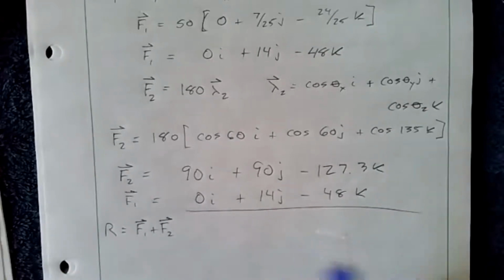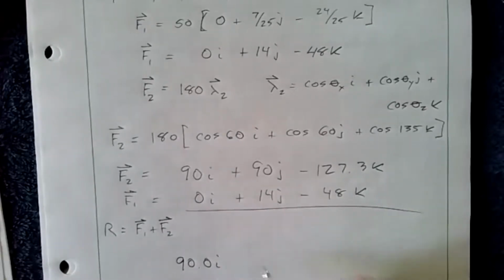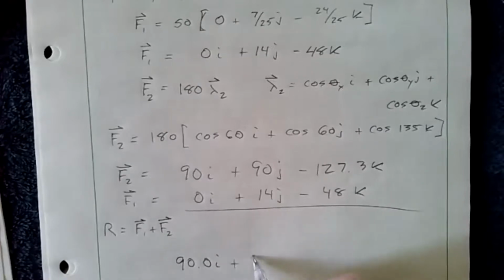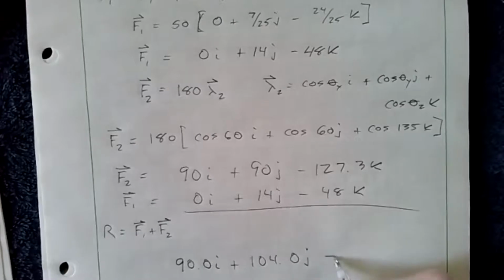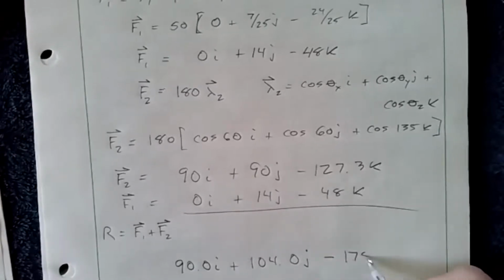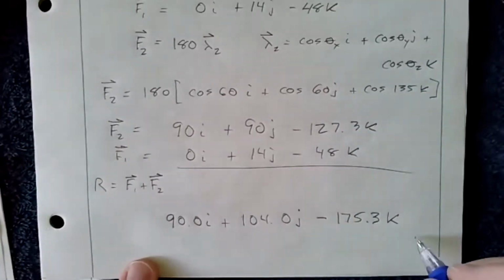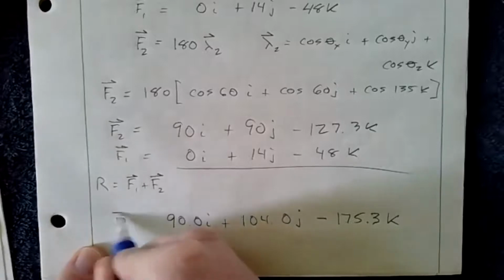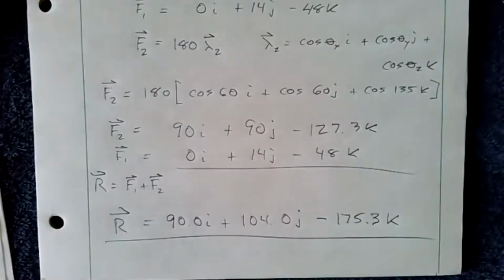So our final answer is 90.0i plus 104.0j minus 175.3k. Sorry about that. And there we have it. That's our resultant vector, which is just adding two vectors in 3 dimensions.